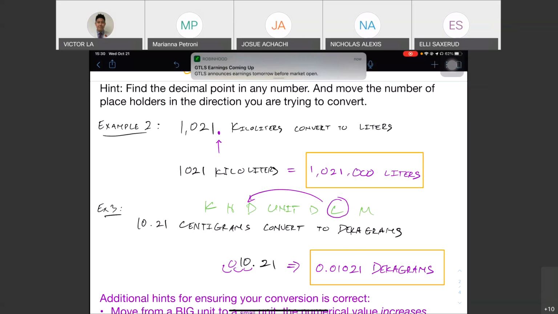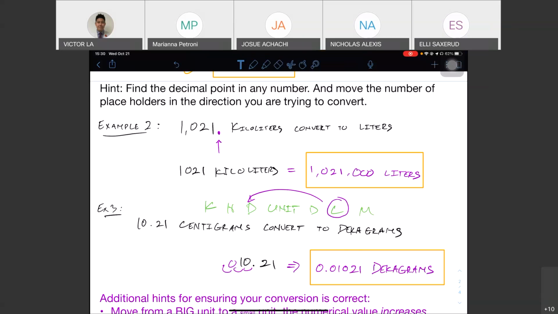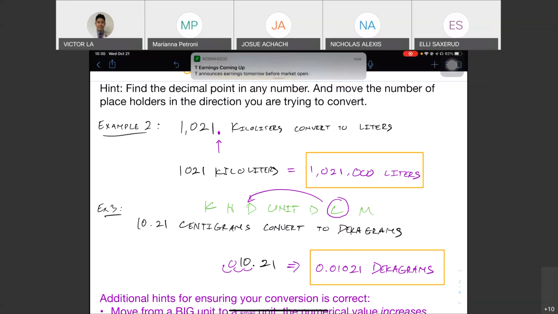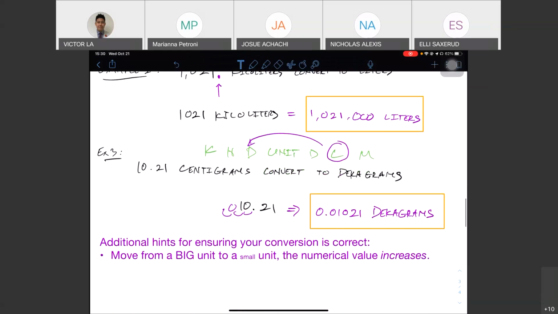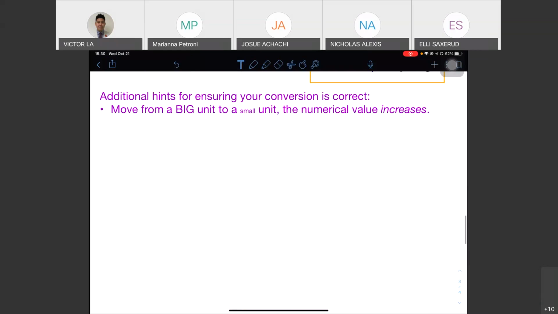You don't all of a sudden go, oh my God, I have so much more money. It's just the same value, but the numerical value, aka the number itself, increases. So you can see there that 1,021 went to 1,021,000. Now, what about the other way around?